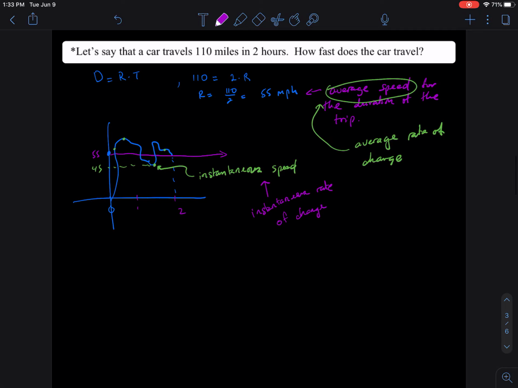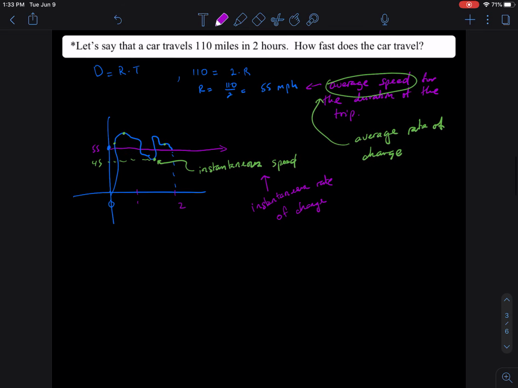I'm going to introduce the formula for the average rate of change, and this formula may look familiar because we use it all the time in algebra.